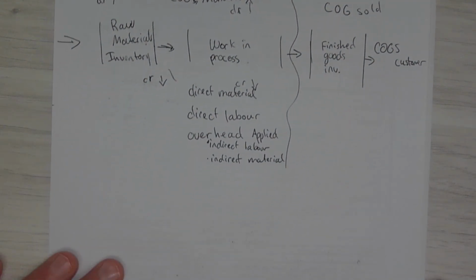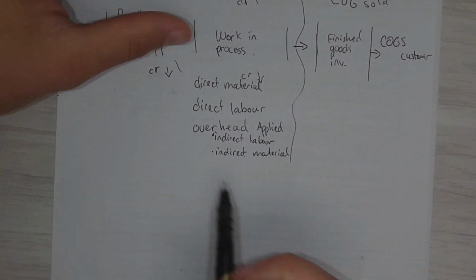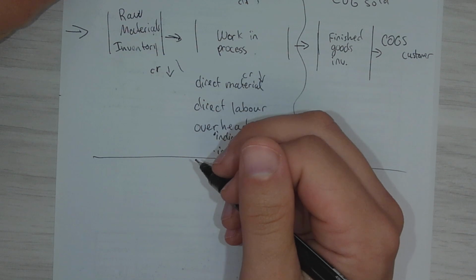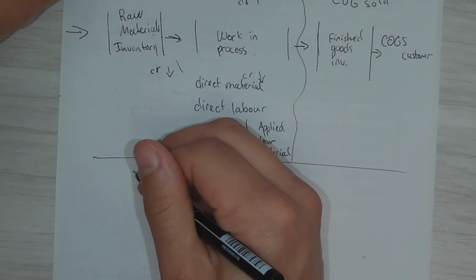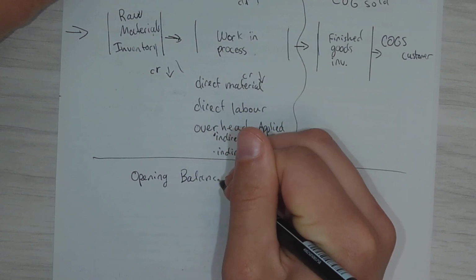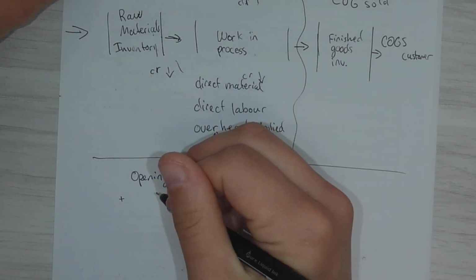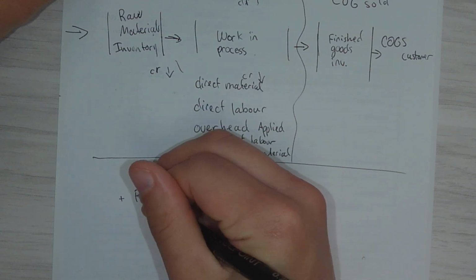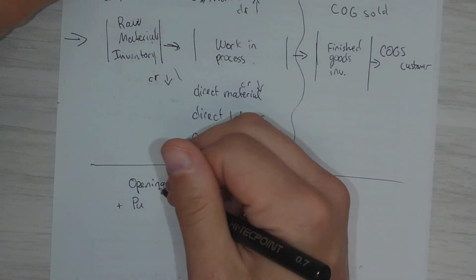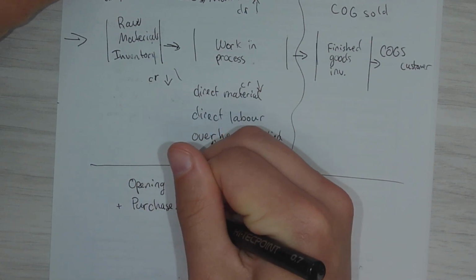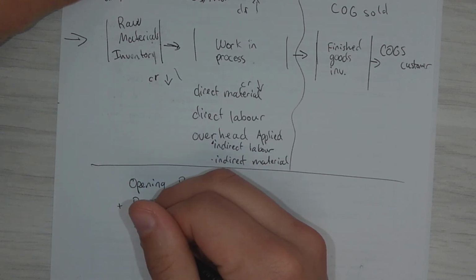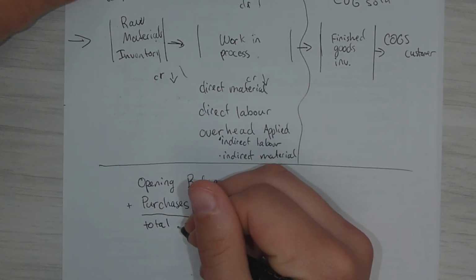Now, one other thing to remember as we do this, and something that will help you on your exams: the best way to find out where we're at with all of these is we have our opening balance, we have our purchases, so in this case our raw material opening balance and our raw material purchases for that period. And that would get us our total available amount.